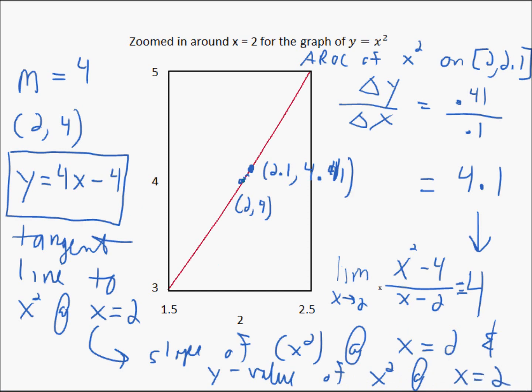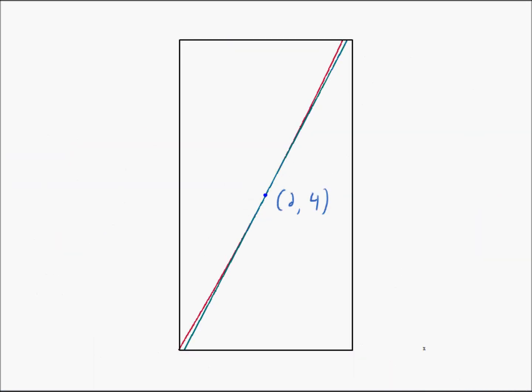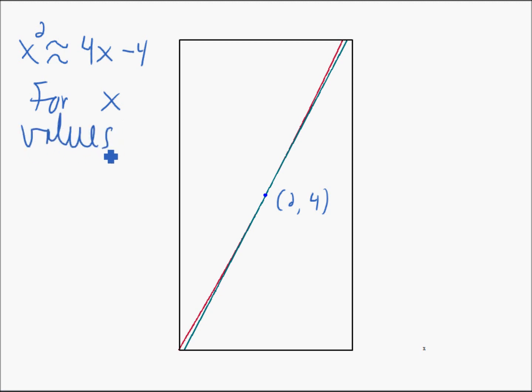And again, if you look at the picture, we zoomed in. So here's what we're saying. We're saying that x squared is approximately equal to 4x minus 4 for x values close to 2. So what it does is it gives us a way to approximate x squared with a linear function.